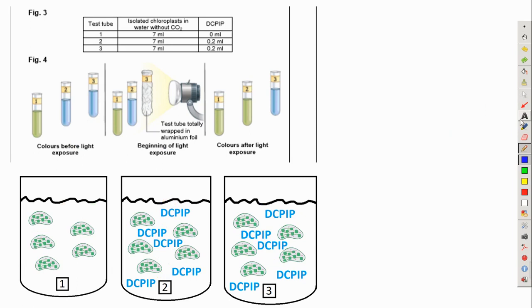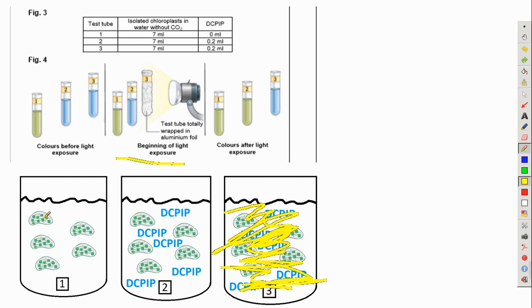Okay, second part of the experiment. They're going to be exposed to light. Tube 3 is going to be covered with aluminium foil, so the tube will be covered and won't let light go through. So that means that tube 1 and tube 2 are going to be exposed to light.